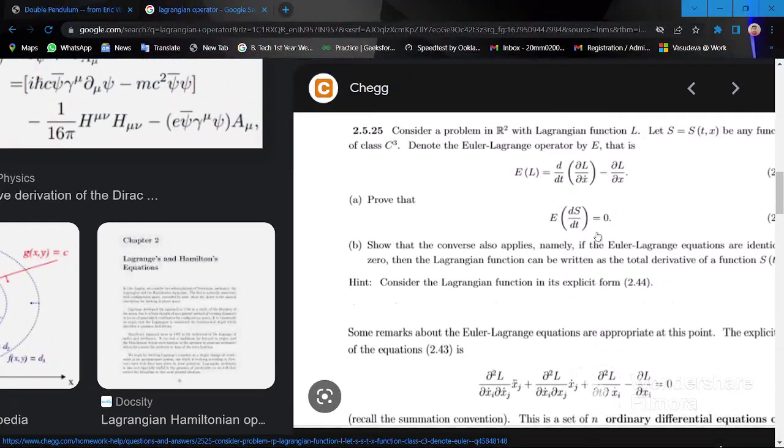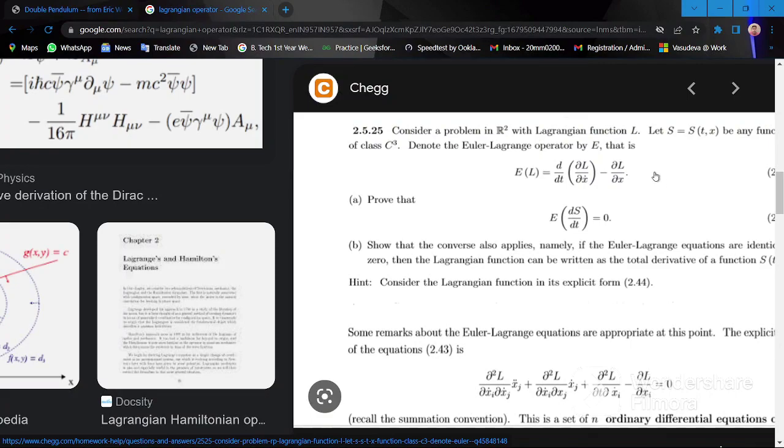The main point here is that d by dt of dou L by dou x dot minus dou L by dou x should be equal to 0, for a conservative field. If the kinetic and potential energy are perfectly defined, and the energy is conservative, with no other energy provided to the system, then this should be equal to 0.